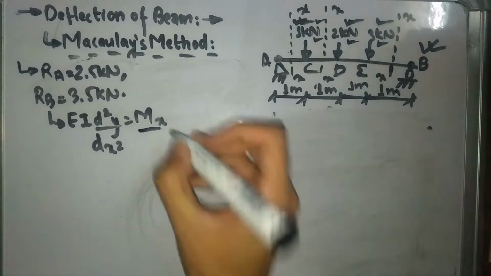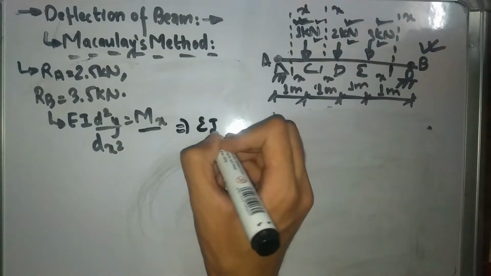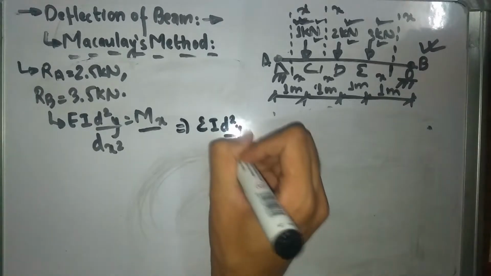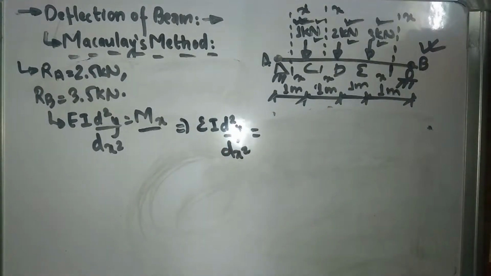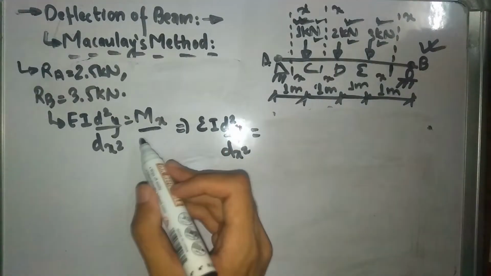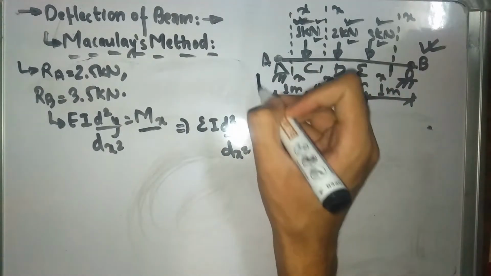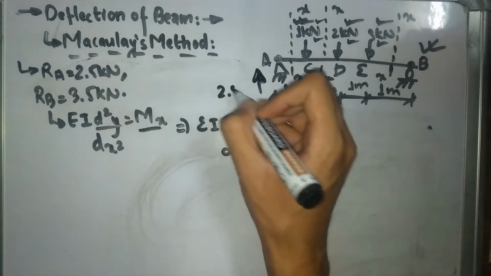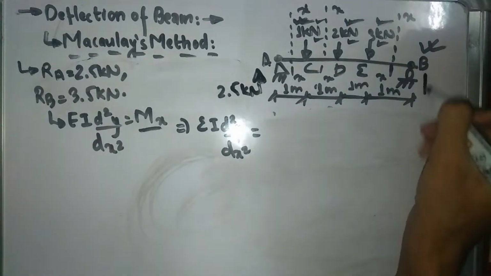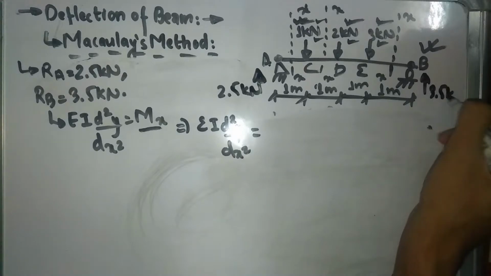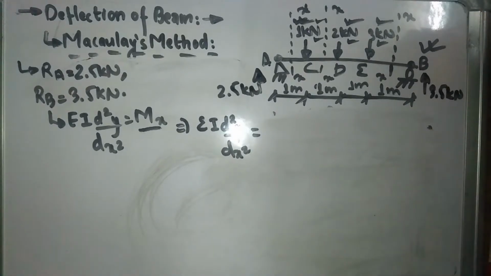Next, I'm going to write EI d square y by dx square equals Mx. Instead of Mx, we have our support reactions. Let me write over here. About A, we have 2.5 kilonewton, whereas about B, we have 3.5 kilonewton. Right now, again, we're going to take clockwise moment as positive.